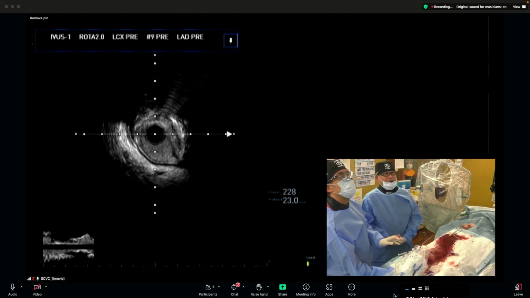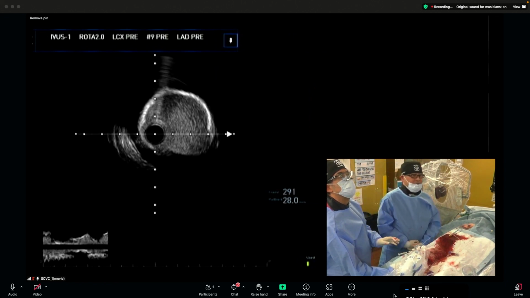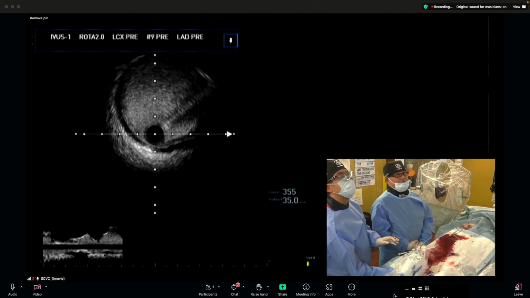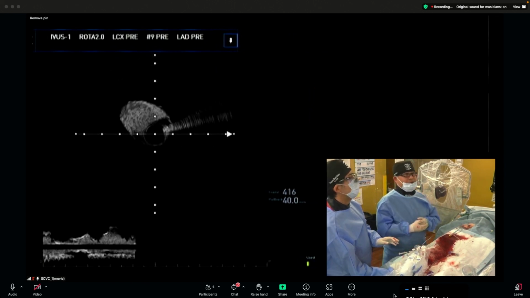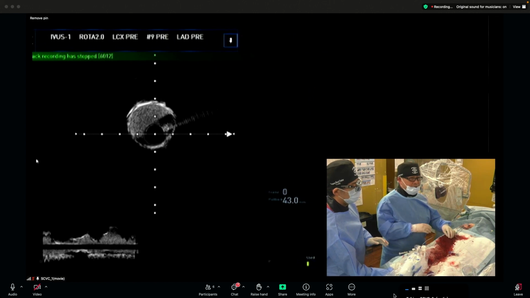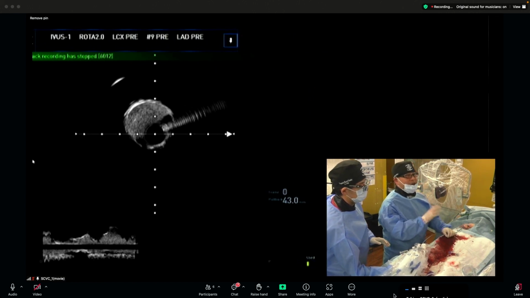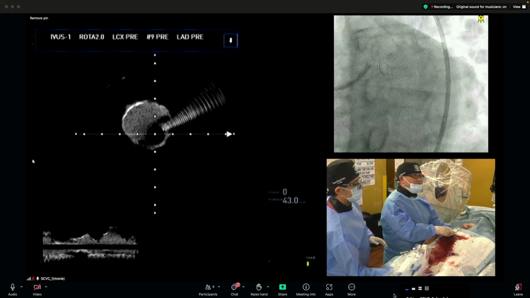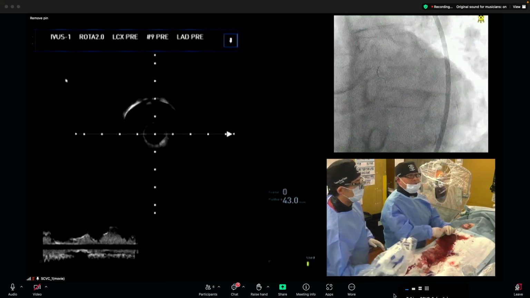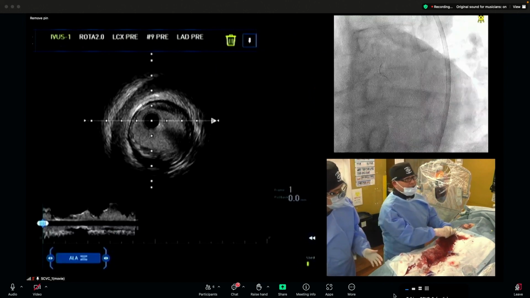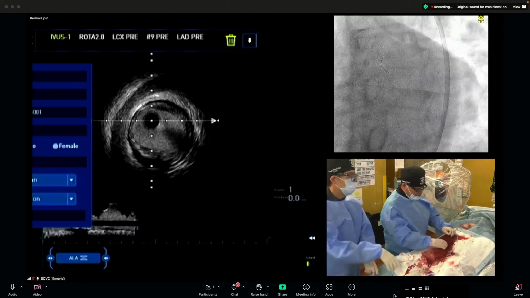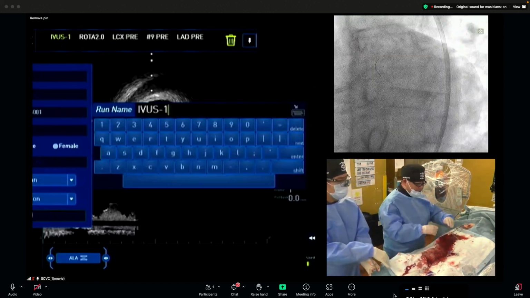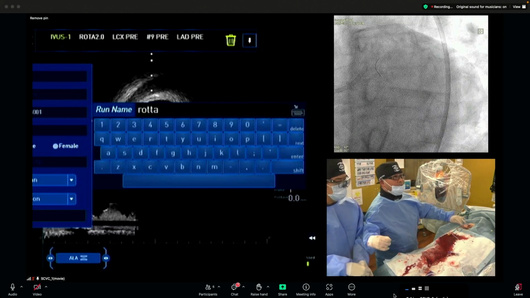However, after the IVUS imaging, of course we needed a much larger bar, as I sometimes show you. A BA ratio of 0.5 or less is always insufficient. So if we perform rotablation for volume reduction, we have to set it at more than 0.5 always.